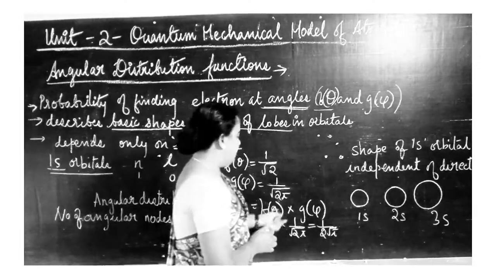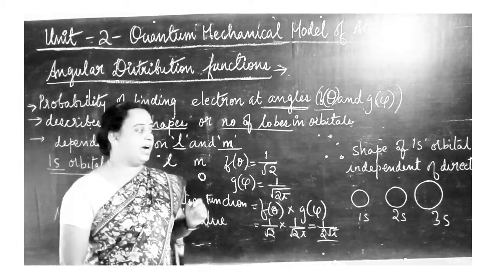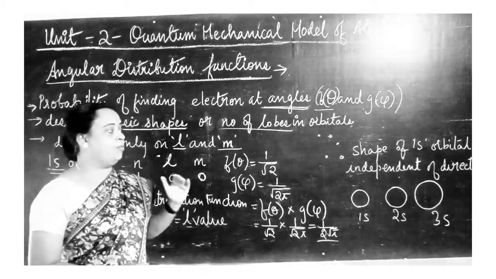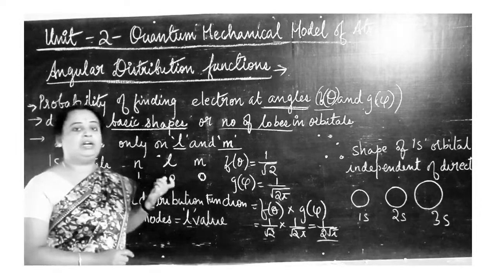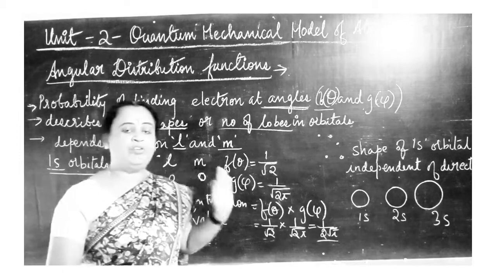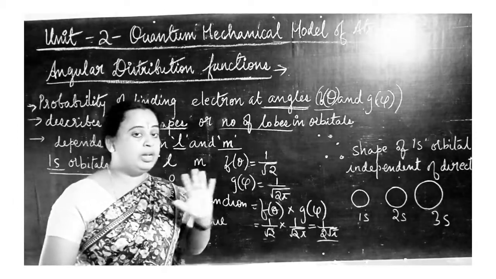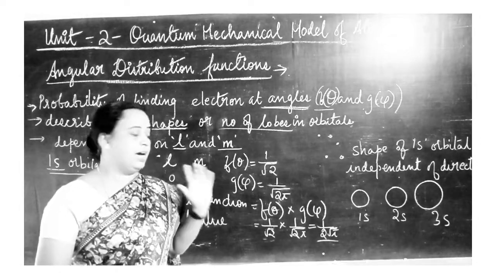From this value, it is explained that the electron present around the nucleus is independent of direction. The probability of finding the electron around the nucleus does not depend on the direction.